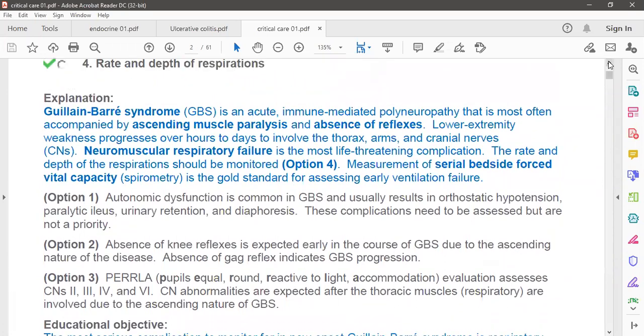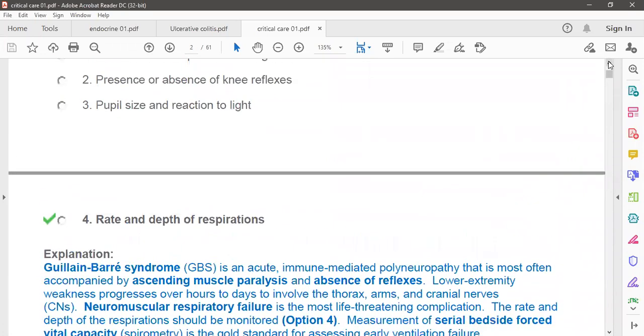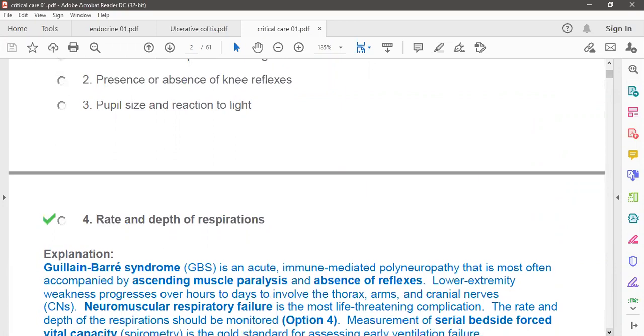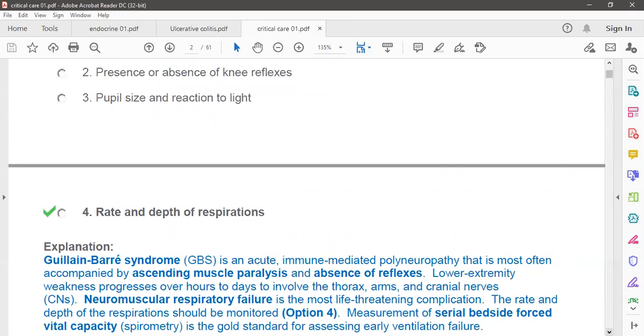But here it is showing presence or absence of the reflexes. It is important, I could check, but my patient will not die because of reflexes. My patient will die if the respiratory system is suppressed or stops, right?